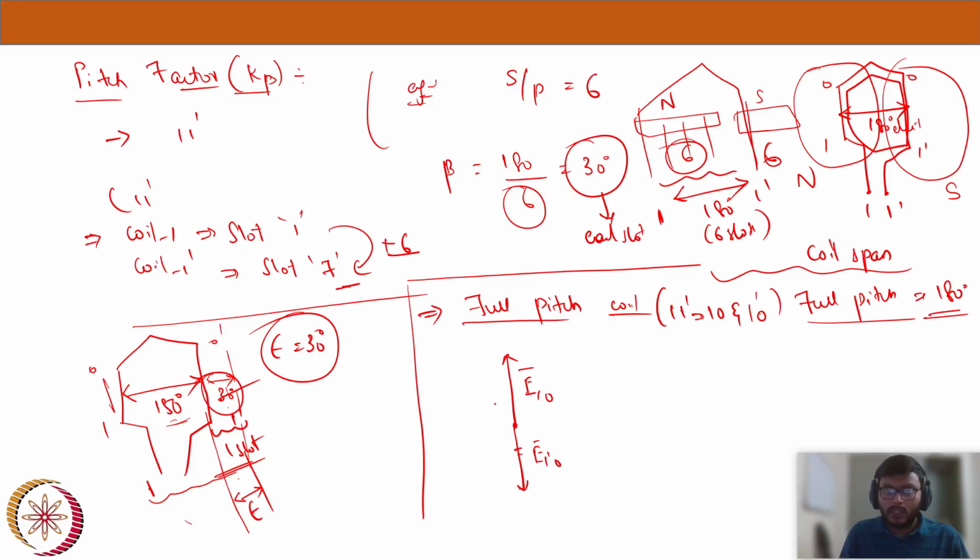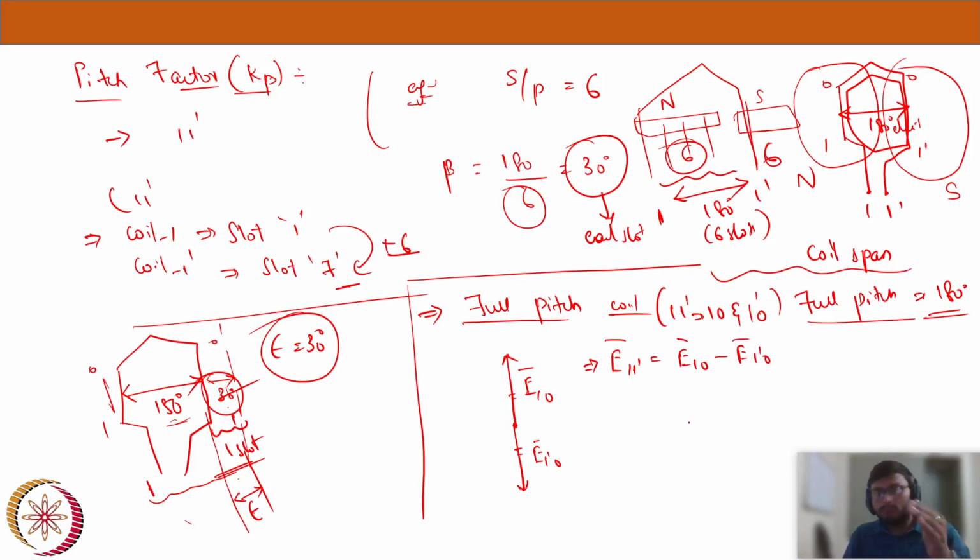These two are equal in magnitude because a similar kind of flux will be seen by both windings. It's just placed under different poles. Now I want to get the total resultant E11 dash, which will be E10 minus E1 dash 0.